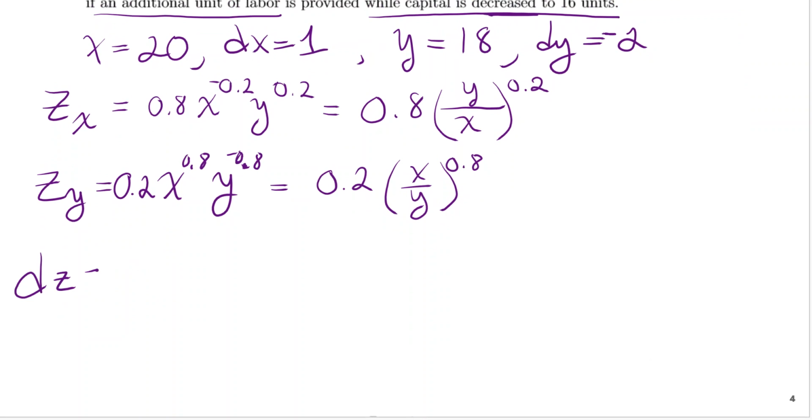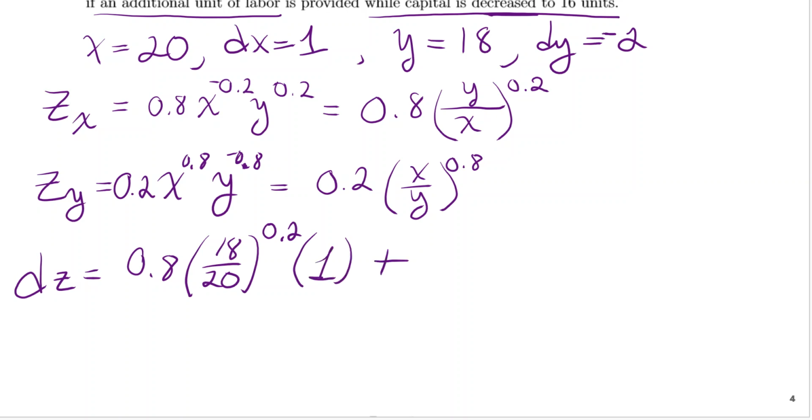So I think the change in production by doing more labor and less capital will be the following. So I'm going to have my zx, so 0.8 times y over x, so 18 over 20 to the 0.2, times my change in x direction, which is just a 1, plus now I need my derivative with respect to y.